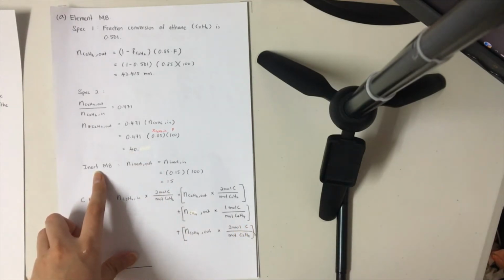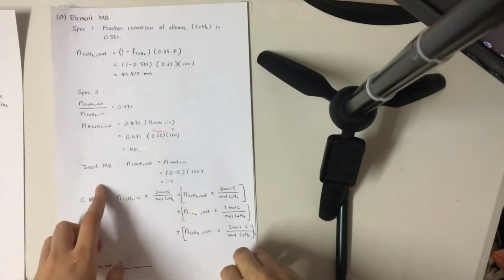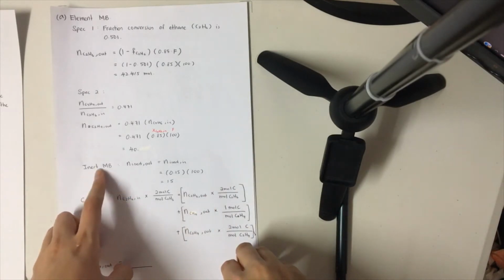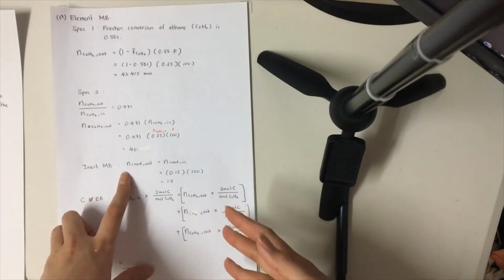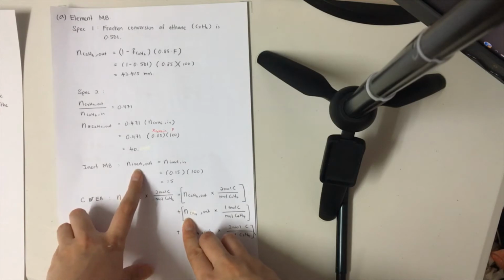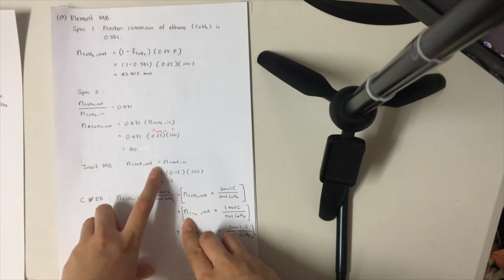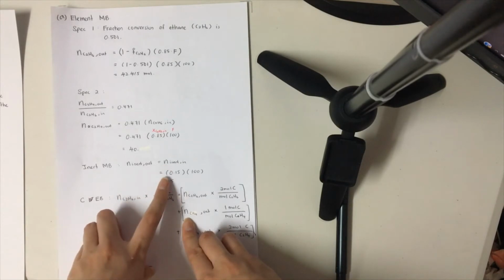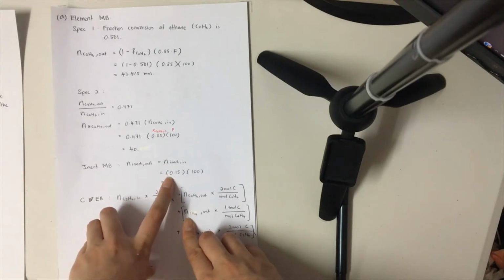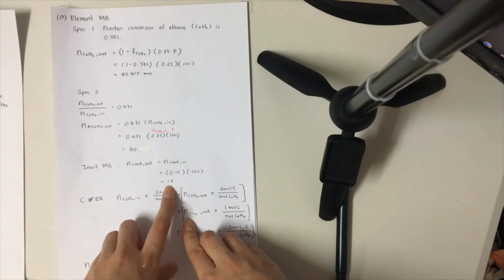To do element balance for the inerts, since inert is not reactive, whatever inert goes in should come out. So the number of inerts coming out is 0.15 multiplied by the feed, and you get 15 moles of inert in the product stream.